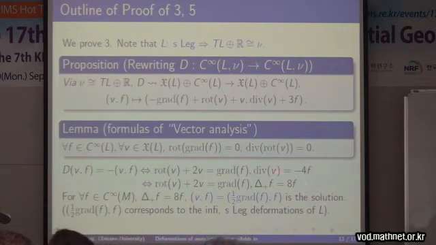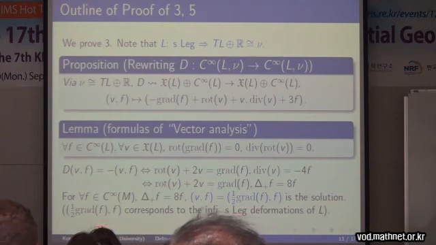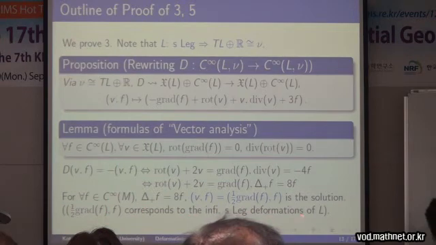From this equation we see that for each smooth function f satisfying Laplacian f equal to a f, V f equal to 1/2 gradient f is a solution of these two equations, which can be seen from this lemma. It is known that this corresponds to the infinitesimal special Lagrangian deformations of L. So for each f with Laplacian f equal to a f, there is at least one solution of this.